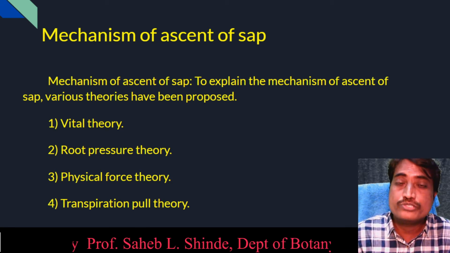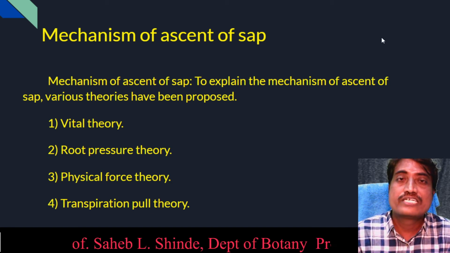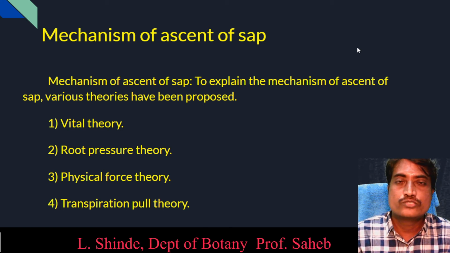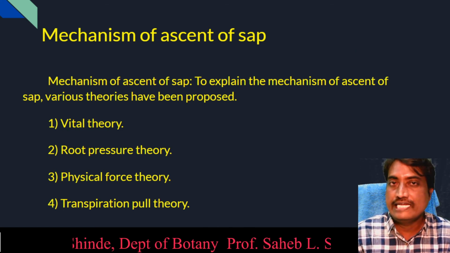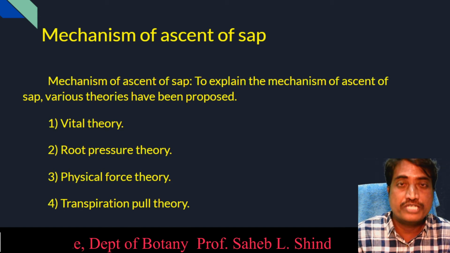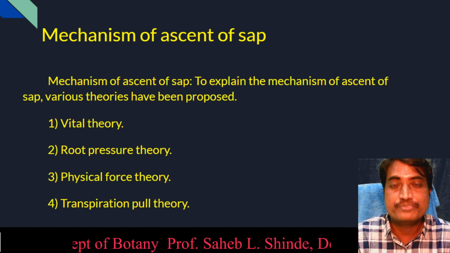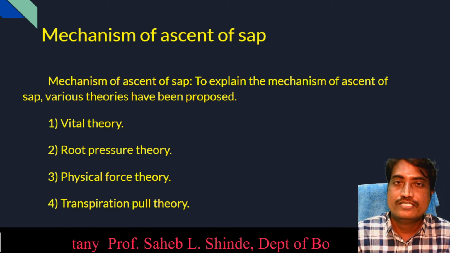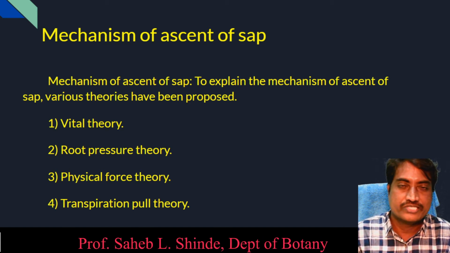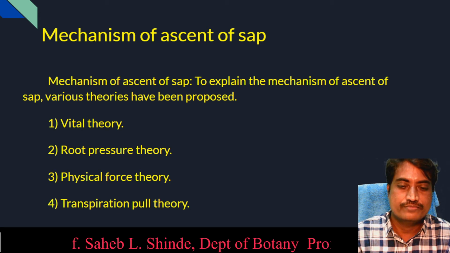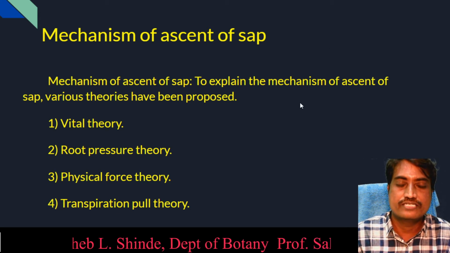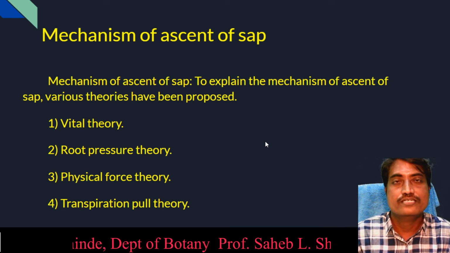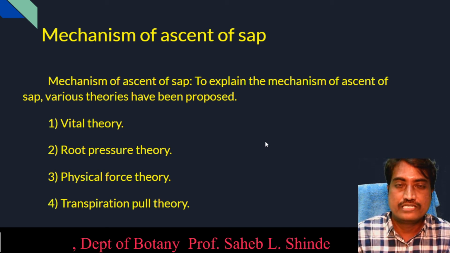But this is not possible, because the pressure created by the root by absorption of water is only 2 atmospheric pressure, and that pressure is not enough to push the water up to 300 feet in sequoia. So that theory is discarded now. It is not accepted because of certain demerits, and that theory does not explain how it is possible in huge plants.